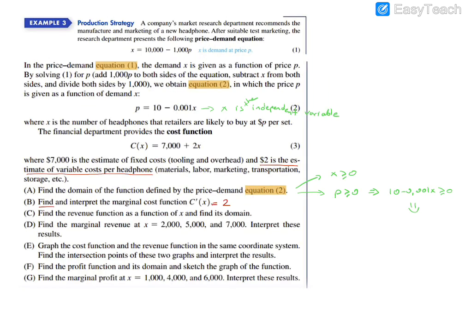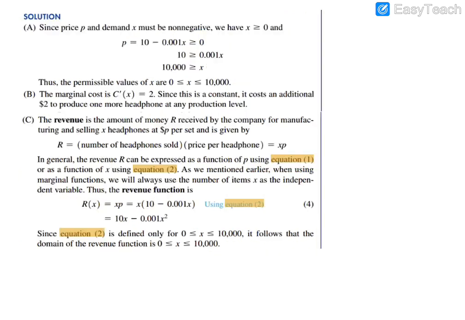Let's do part C. Find the revenue function as a function of x and find its domain. Maybe we can say something here. Also, we know that C prime of x approximately equals C of x plus 1 minus C of x. In the previous record, in the 2.7.1 record, I explained.